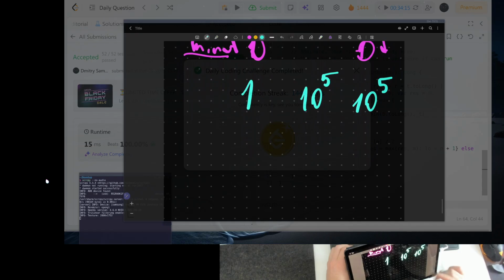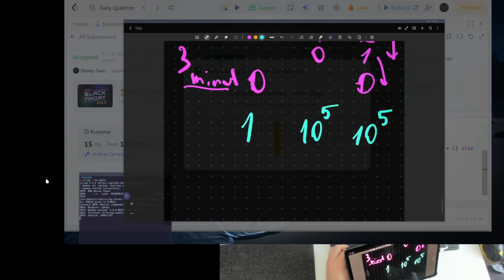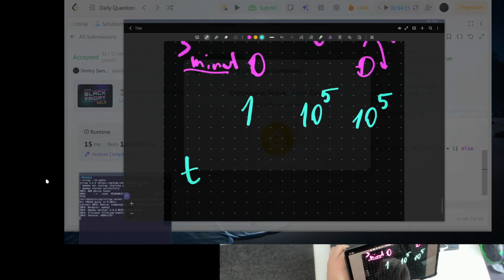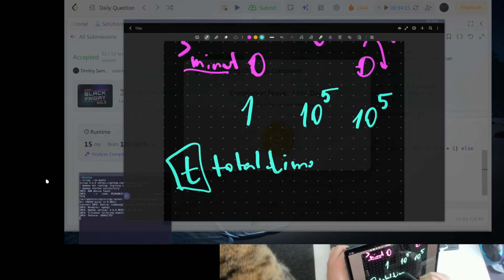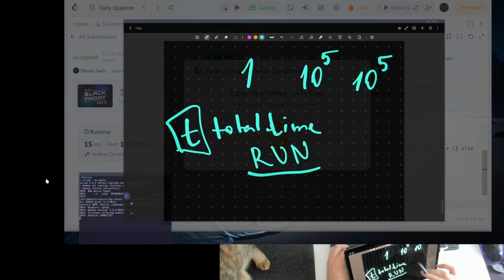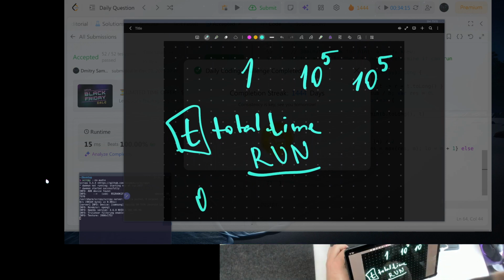And let's observe some properties about the solution. We're asked to find the total time that we can run. So imagine if the total time is 0, can we run it for 0 time? Of course.